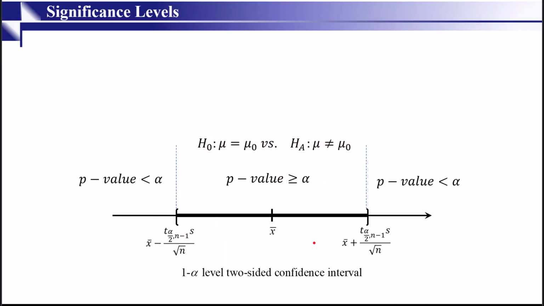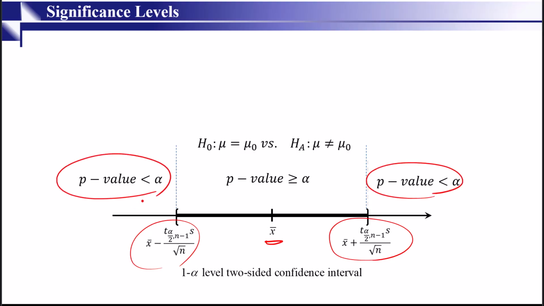In this figure, we can see the relationship between hypothesis testing and confidence interval for a two-sided problem. We have x bar here, and x bar plus this value and x bar minus this value as the critical points, right? We saw that the value of mu0 is contained within the 1 minus alpha two-sided confidence interval for mu if the p-value for this two-sided hypothesis test is greater than alpha. So we have two cases here. One case is the outer area where the p-value is less than alpha.